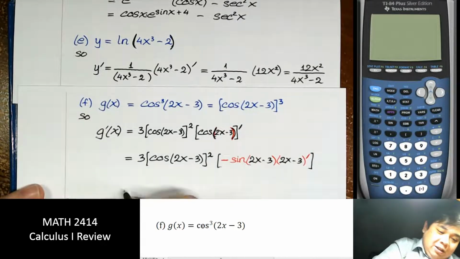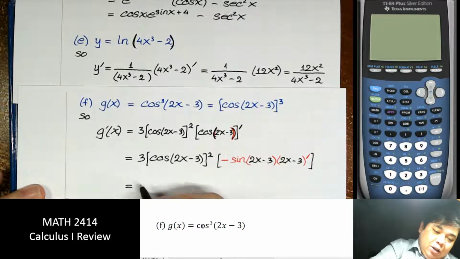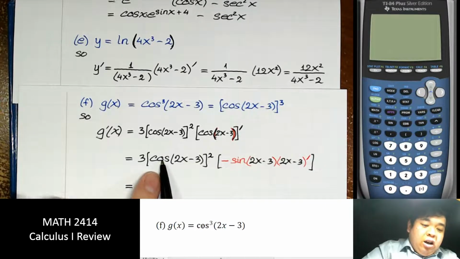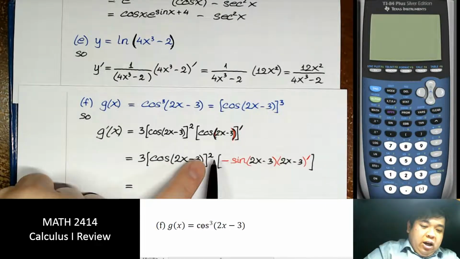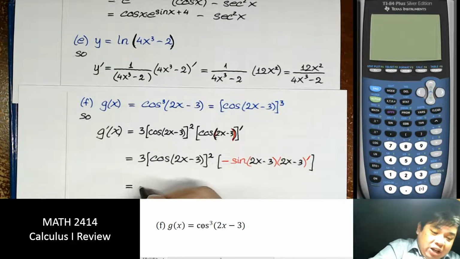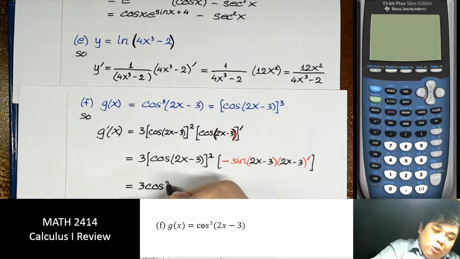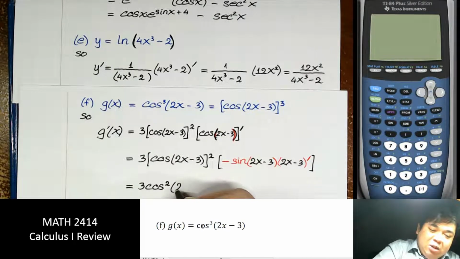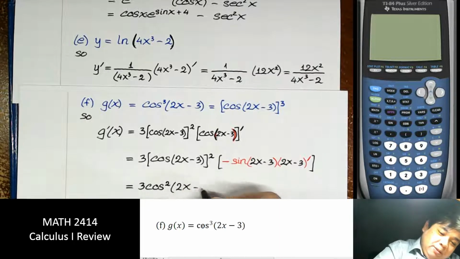So cosine of 2x minus 3 squared, we can put the 2 in here. That's just cosmetic. There are no rules or anything. Just usually we put the square here. It will look better.